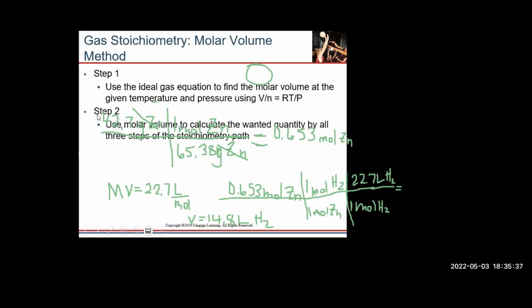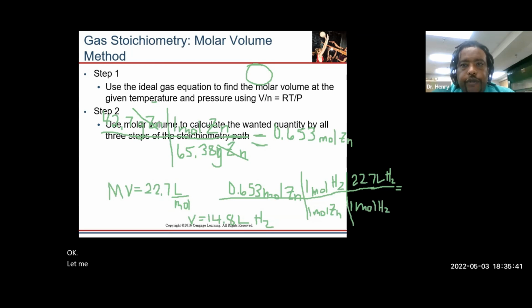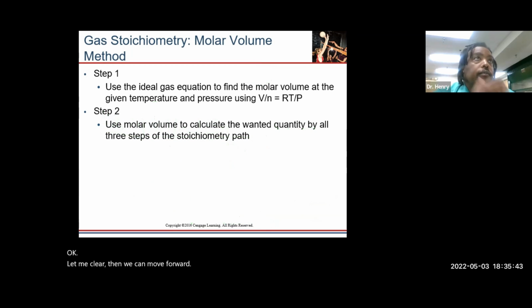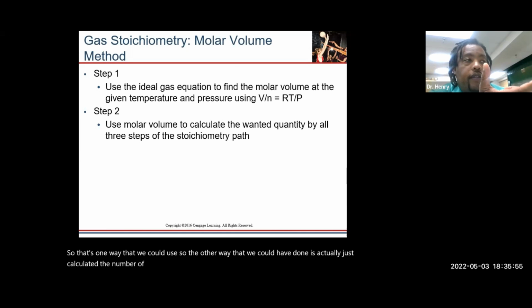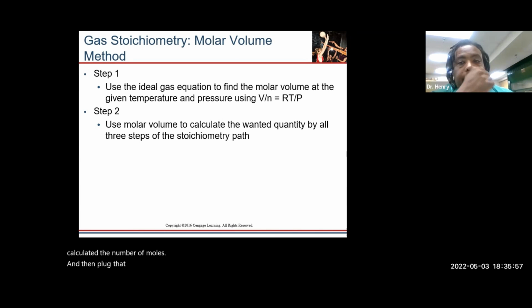Let me clear, then we can move forward. So that's one way that we could do it. The other way that we could have done it is to calculate the number of moles and then plug that into PV equals nRT, right? So that would be the other way.